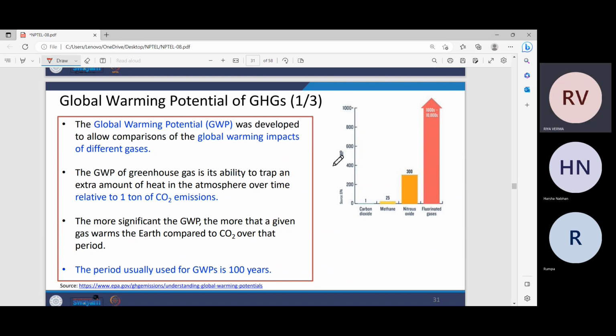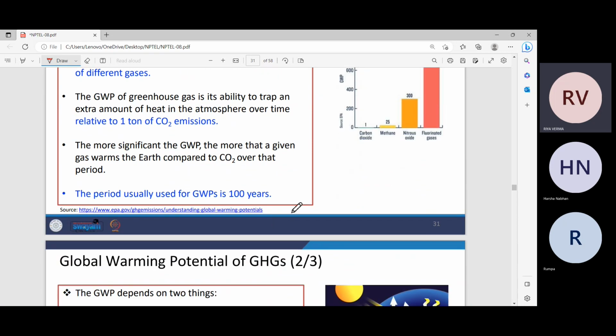The more significant the global warming potential, the more that a given gas warms the earth compared to CO2 over that period. And the period that is taken for global warming potential is usually 100 years.